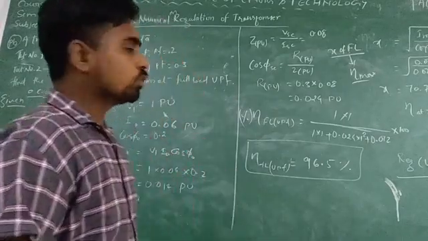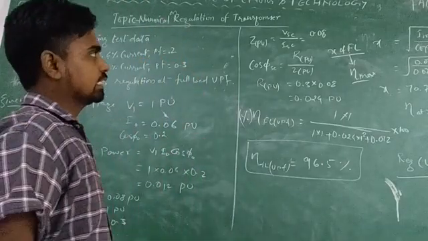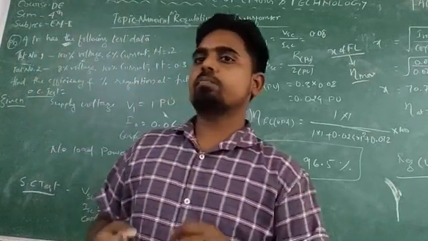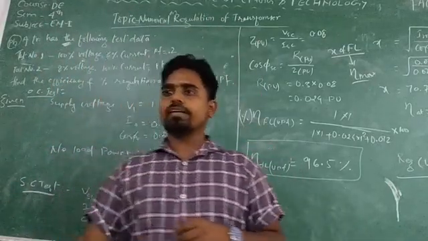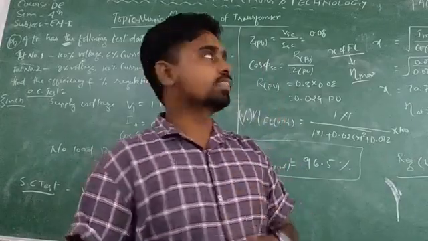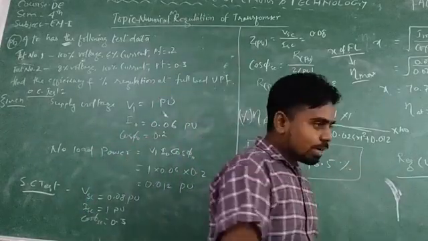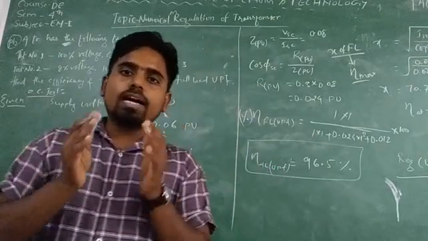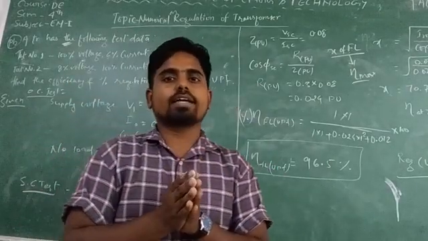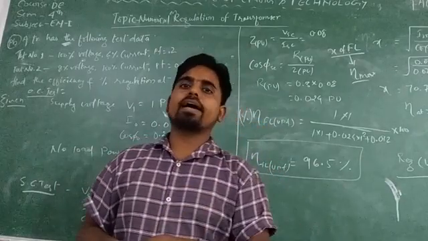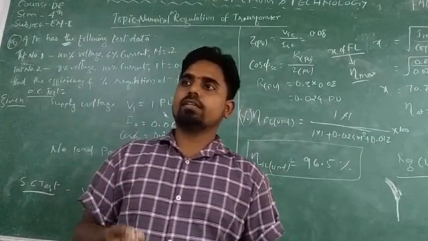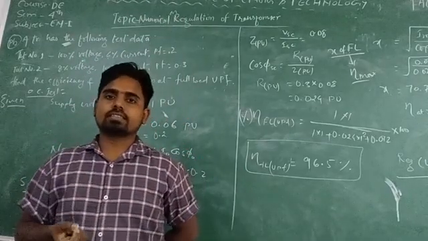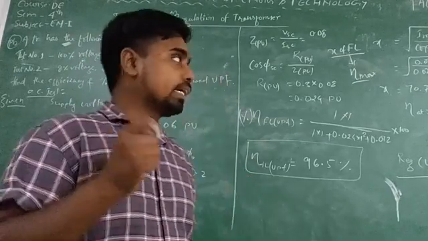Now what will we do in the next step? We find the percentage loading at which the maximum efficiency can be achieved. I mean to say, at what percentage of the full loading the transformer will operate at maximum efficiency.